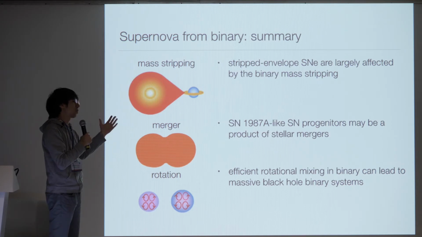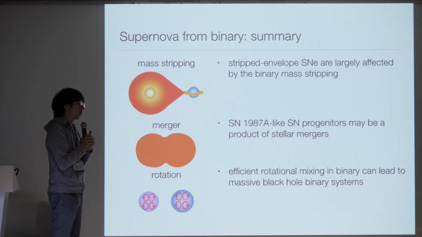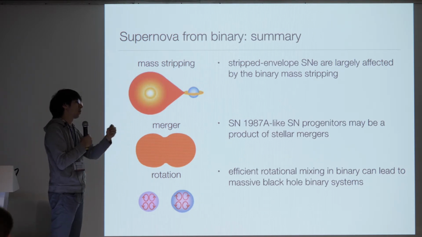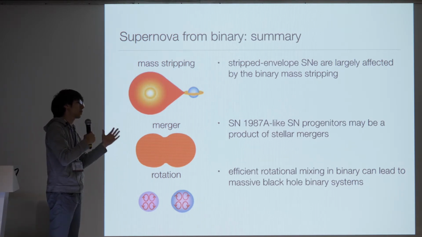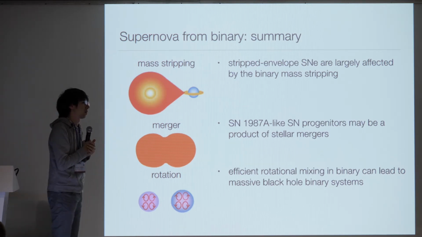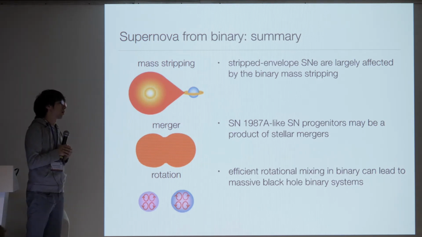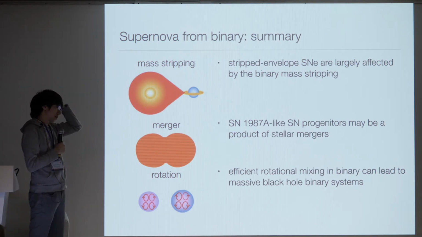The size of the core depends on binary or single stellar evolution, but the result of nucleosynthesis itself won't be much affected. So the short answer is apparently no, we could not disentangle.